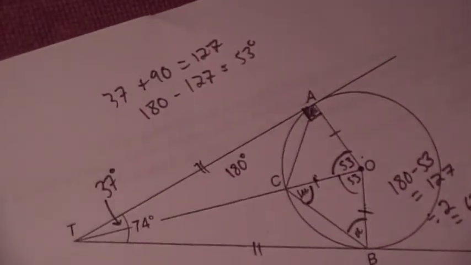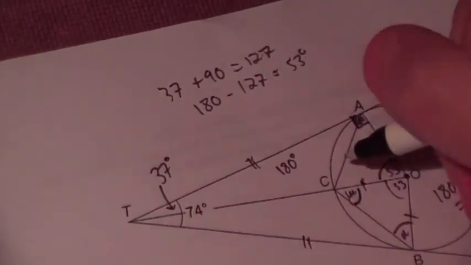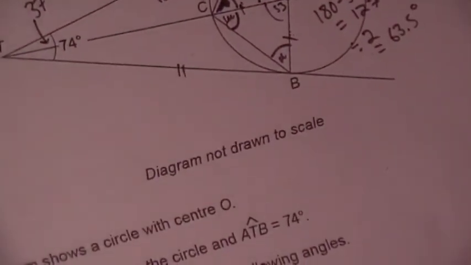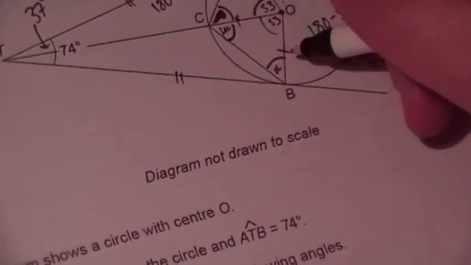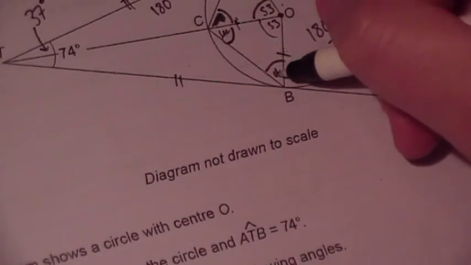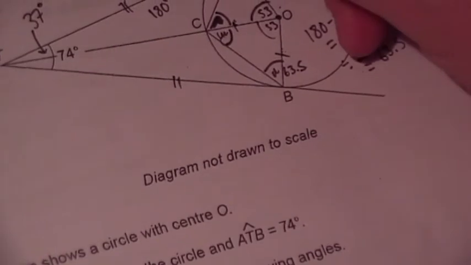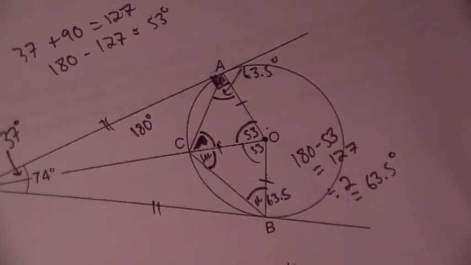Last, I'm asked to find ACB, which is the angle running from A to C to B, which is an angle in here. Let's just have a quick look at what we got. We've worked out that that's 63.5 in here now, OBC. So we know that's 63.5. We likewise know that the angle at the top there is 63.5 degrees.